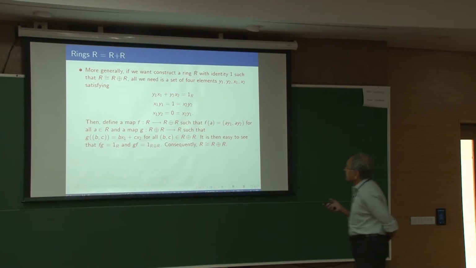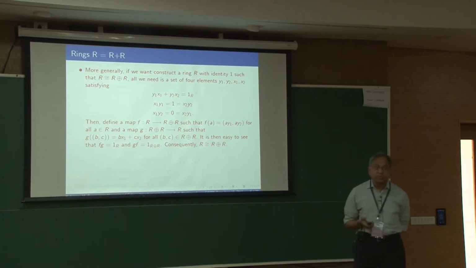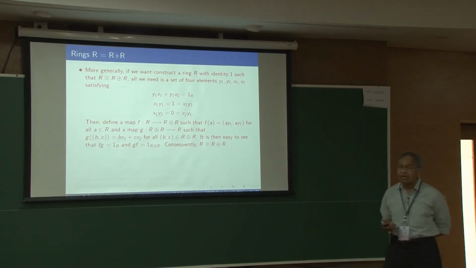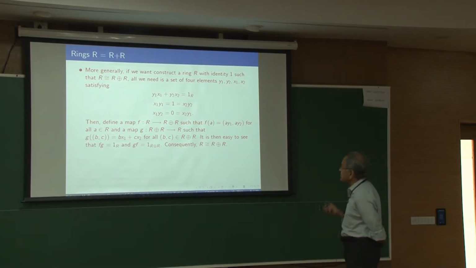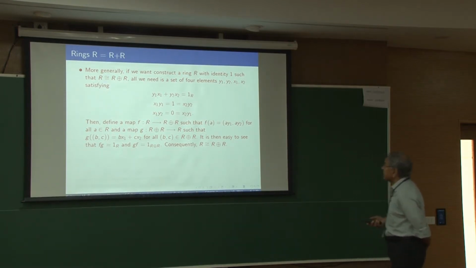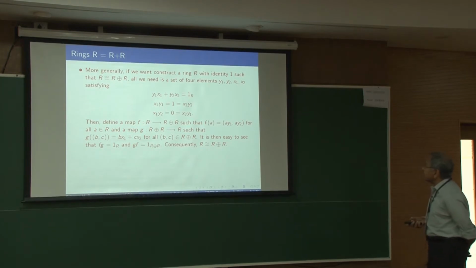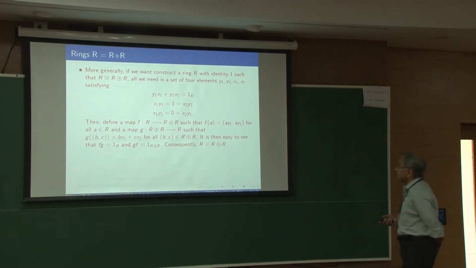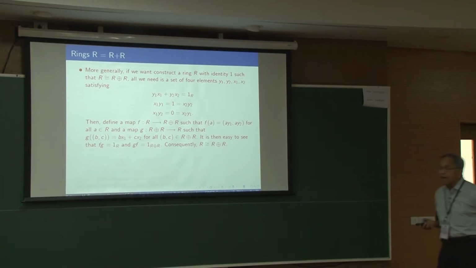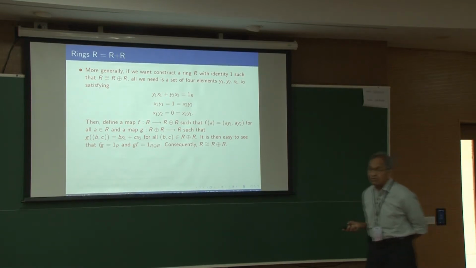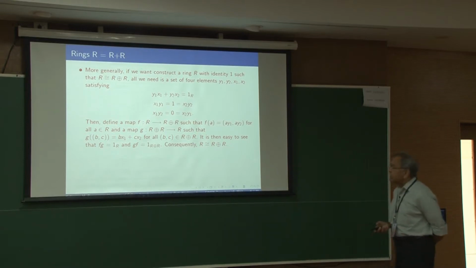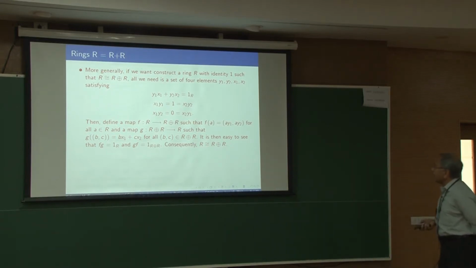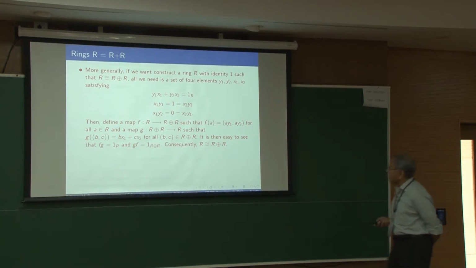Then the presence of these elements gives rise to an isomorphism of R with R direct sum R as follows. You define a map f from R to R plus R, namely f of a is (a y1, a y2). And g of (b, c), an element in the direct sum, is simply b x1 plus c x2. Now these two maps are inverses of each other, which we can easily check, indicating that R is isomorphic to R plus R.